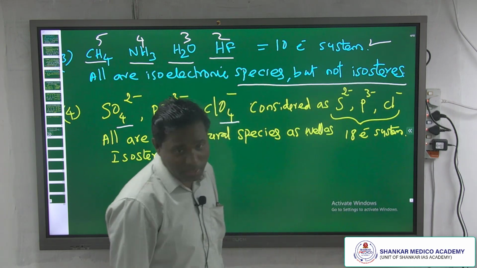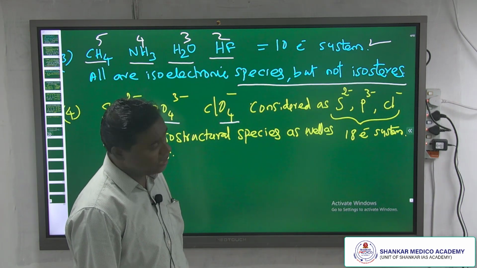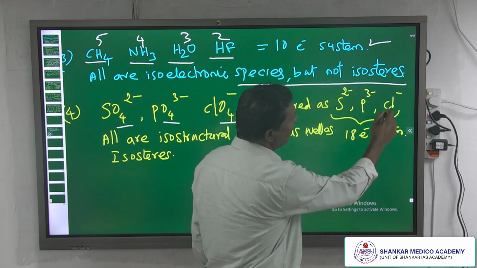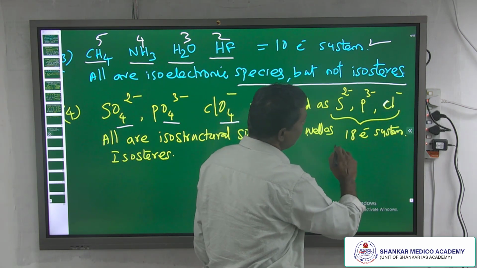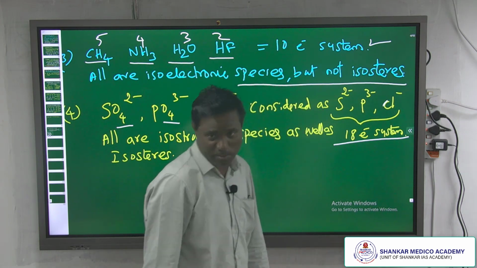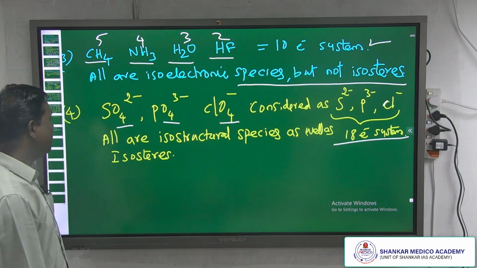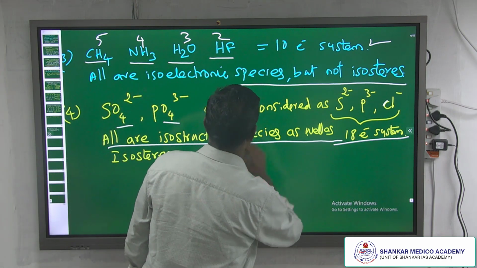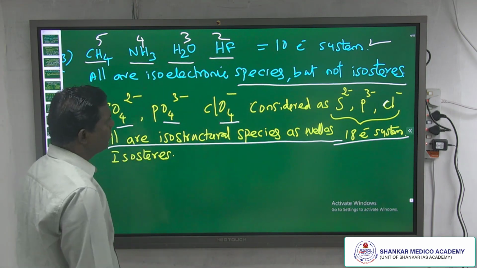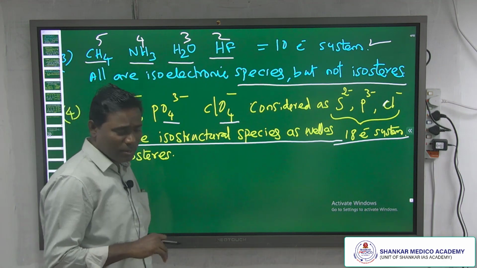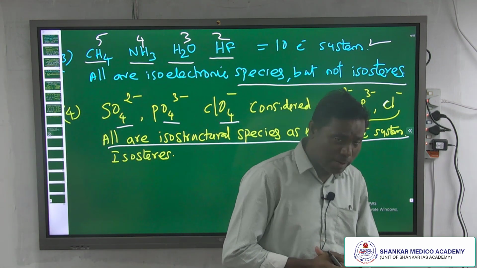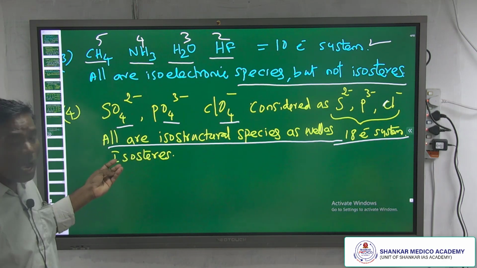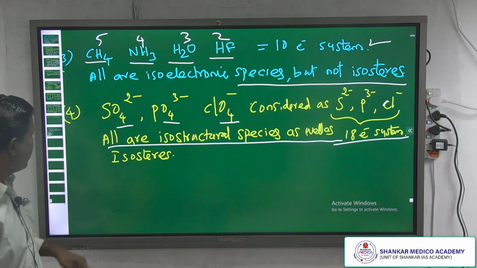Sulfur atomic number 16, 16 plus 2, 18, phosphorus 15 and chlorine 17, so it is actually an 18 electron system. So these are all isostructural species. Let us see the introduction of isostructural species, isosteres as well as isoelectronic species. Let us go for isostructural species next.